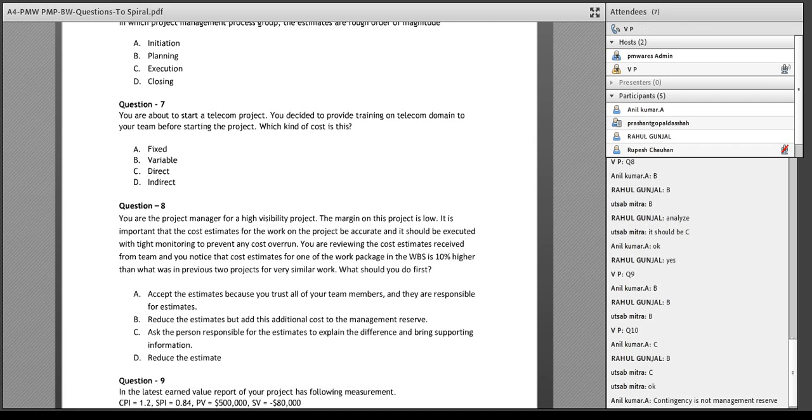The money which we have to spend on the project, we spread as per the schedule and then figure out every month or every period how much we're going to spend. Contingency is not management reserve. There are two reserves, contingency reserves and management reserve. See, you have risk in your project. Some risk you may be able to identify, but there will be some risk you may not be able to identify. Some risk would be larger than your project can handle, like disaster management, some earthquake, some flood or something else.